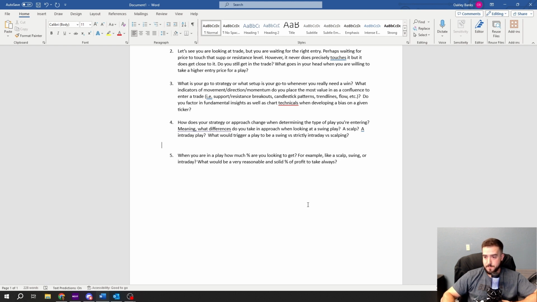If I'm buying, let's assume I buy 5 contracts, right? At 10%, I'm probably selling 3 of them. At 20%, I'm selling 2 of them. And then I will allow the third to run as high as it wants to, but I will let it fall no more than 10%, right?